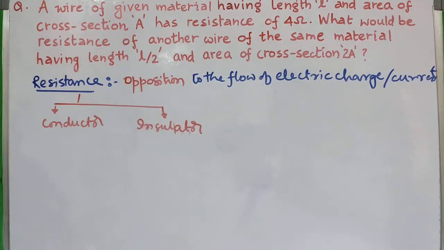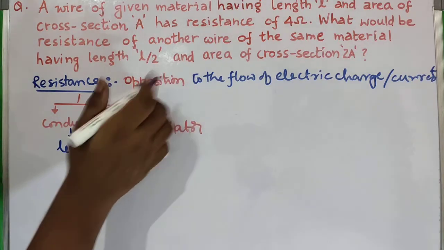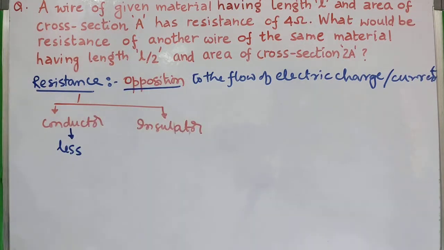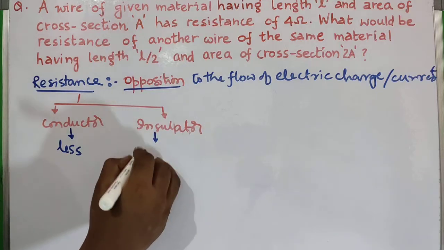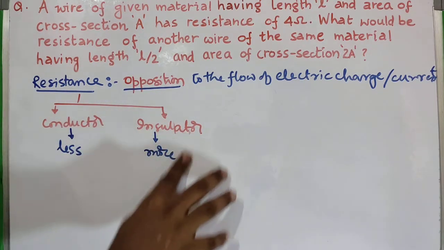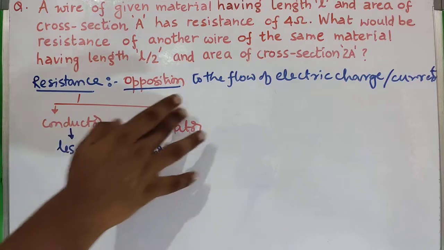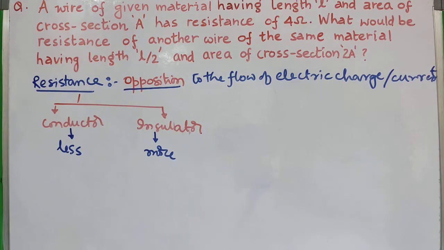Conductors will show less resistance, that means less opposition to the flow of current, whereas insulators will show more, so much more that almost no amount of current flows through them. So resistance is shown by all materials. All materials by virtue oppose the flow of charge passing through them.